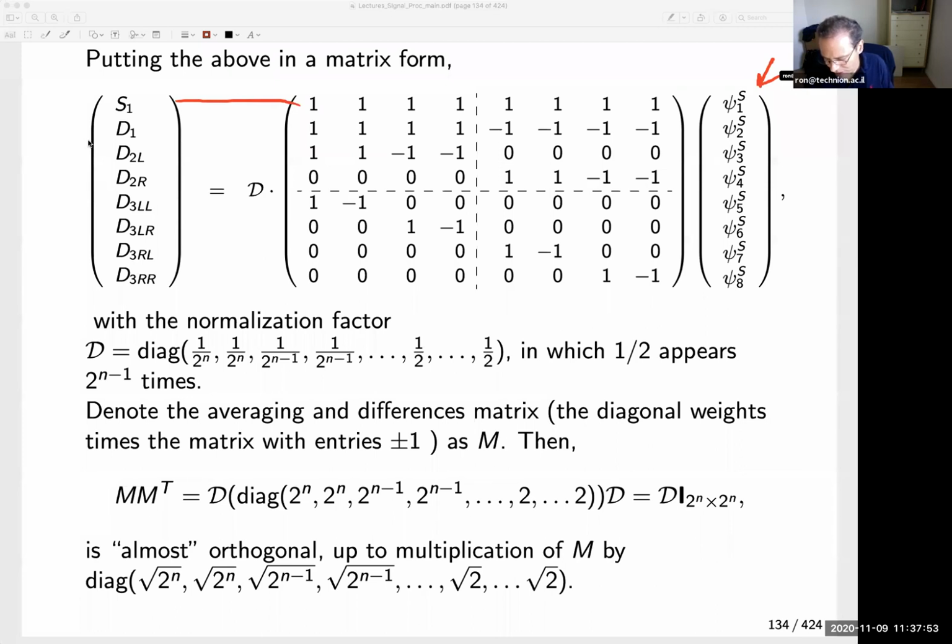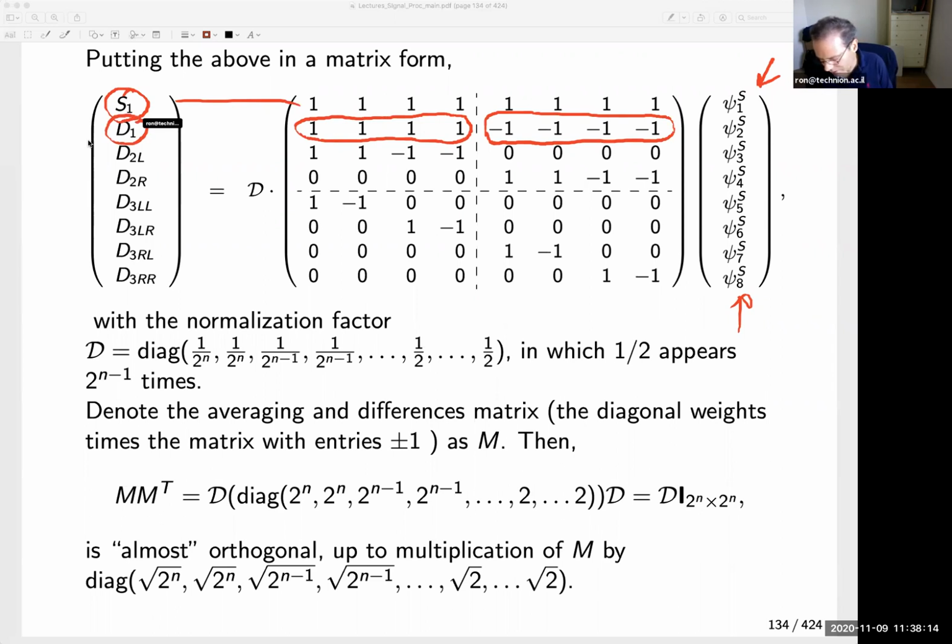I'm just summing over all the coefficients, and this would be the first sum. And the first diff would be nothing but taking the left 4 minus the right 4. Okay. So this would be the first D.